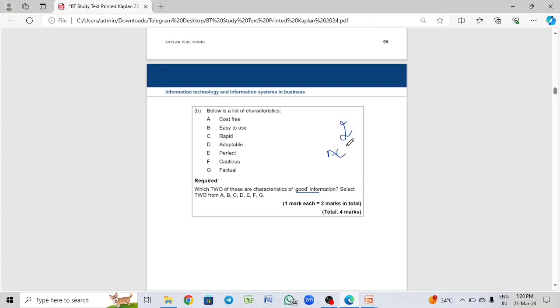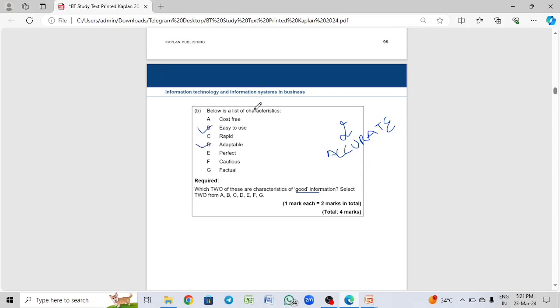Okay, we know the characteristics of good information: accuracy, cost, complete, understandable, relevant, adaptable, timely, and easy to use. So the points that are matching are easy to use and adaptable.